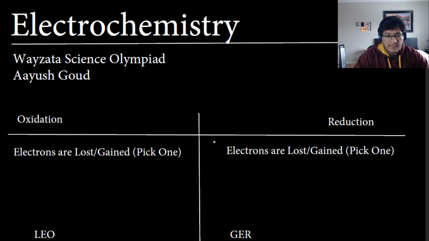So starting off, just a review of oxidation and reduction. In oxidation, we know that electrons are in fact lost, and that's represented by our little mnemonic here, LEO: loss of electrons in oxidation.